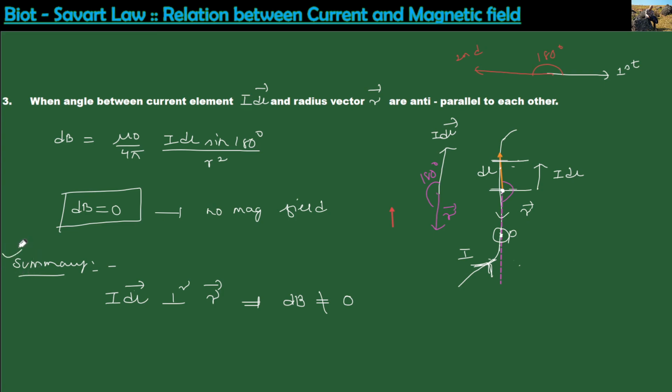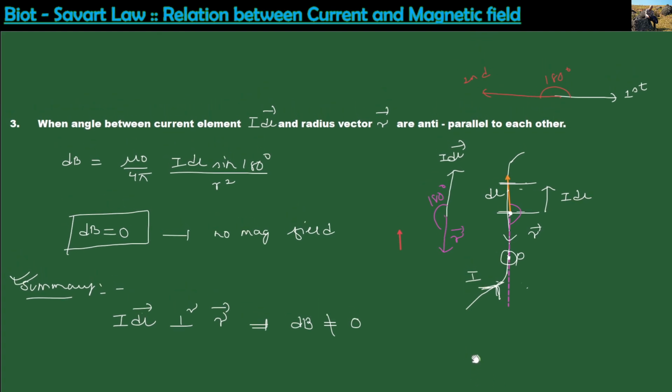So this is the most important thing that we need to understand. Remember that the Biot-Savart law is nothing but an inverse square law. It is an empirical formula, obtained by analyzing these current elements and the magnetic field.